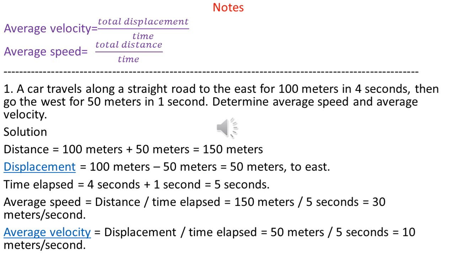The total time is 1 second plus 4 seconds, so it equals 5 seconds. So the average speed equals distance over time, 150 over 5 seconds, which is 30 meters per second, and the average velocity is displacement over time, 50 meters over 5 seconds, which is 10 meters per second.